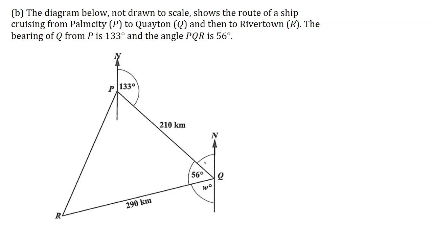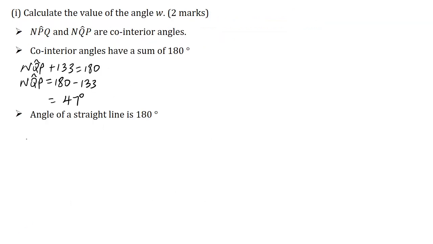So I'm going to write in here 47 degrees, and we're going to utilize the fact that the angle of a straight line is 180 degrees. 56 plus 47 is 103, and we'll subtract 103 from 180 to get W. So I'll write here 47 plus 56 plus W is equal to 180. 47 plus 56 is 103 plus W is equal to 180.